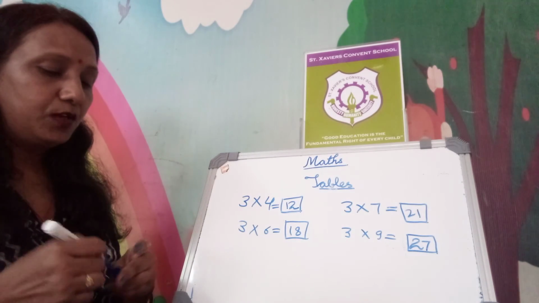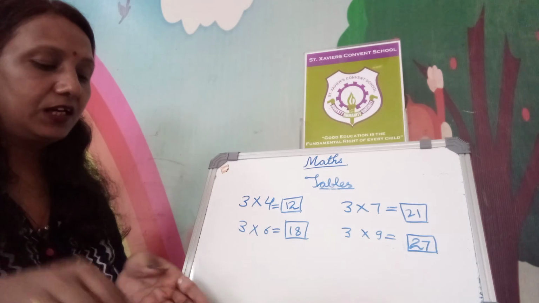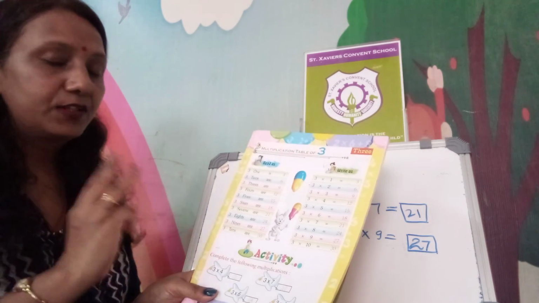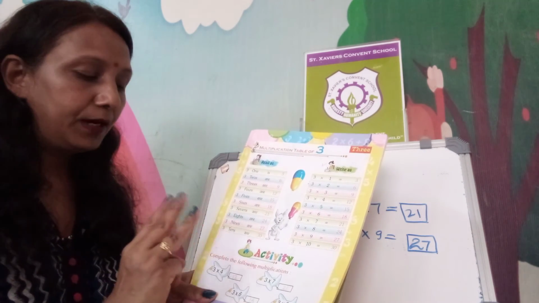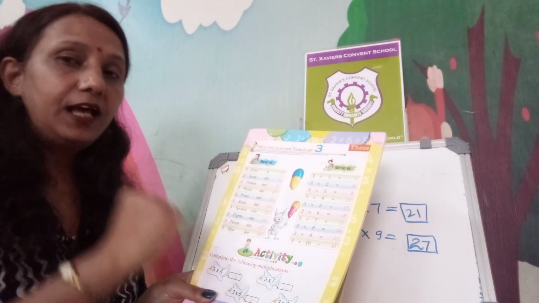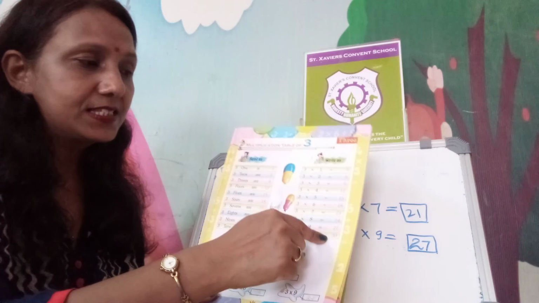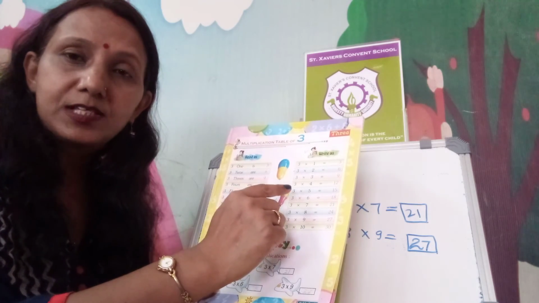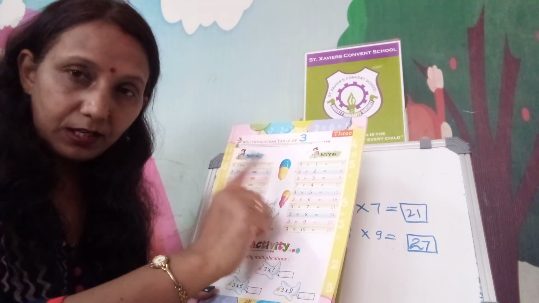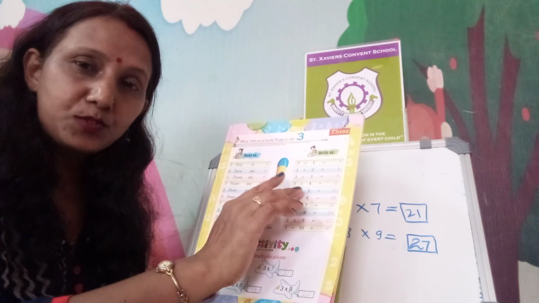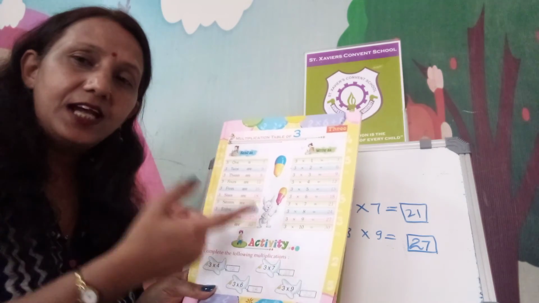Okay, this way you can do the multiplication, and however many times you multiply the digit 3, that answer will come. To know these answers we have to learn the tables, we have to mug up all. Learn it many times, repeat, then the immediate answer will come.